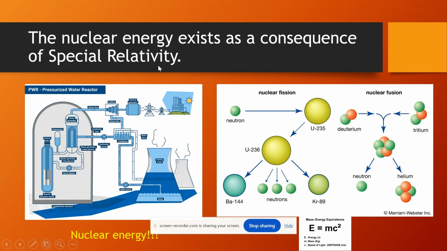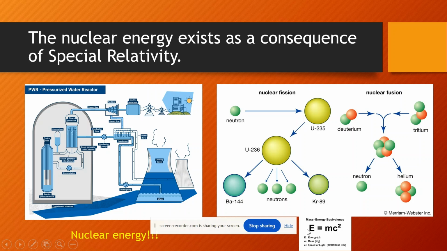Nuclear energy exists as a consequence of special relativity. Although nuclear effects and nuclear energy were known before special relativity, the right calculations were done after the discovery of special relativity, because as a consequence of this theory, energy is equal to mass times the speed of light squared.